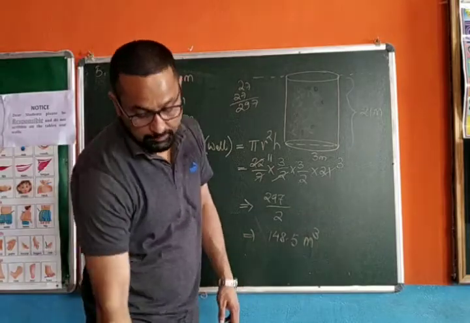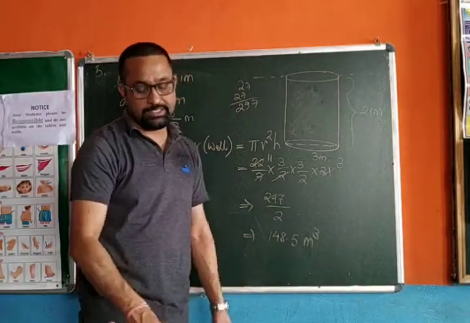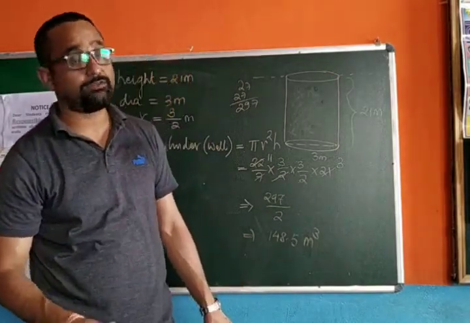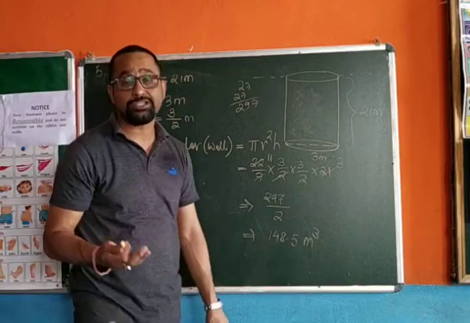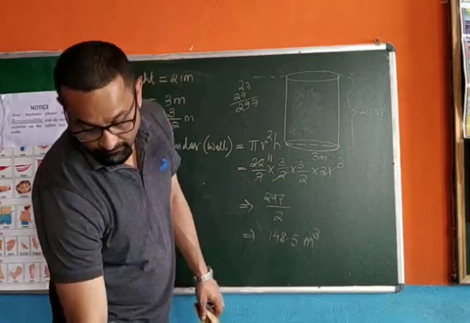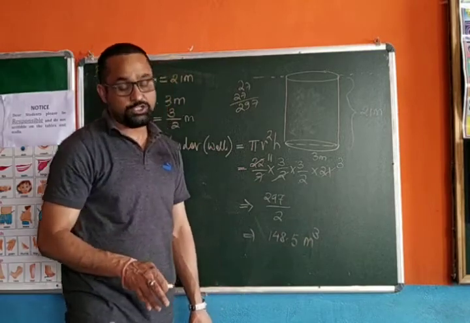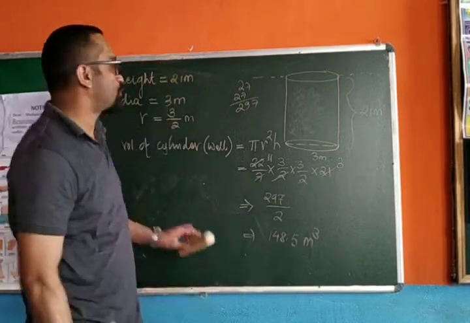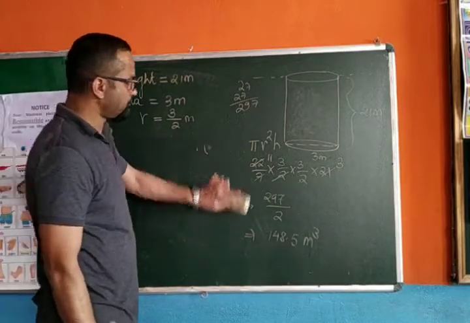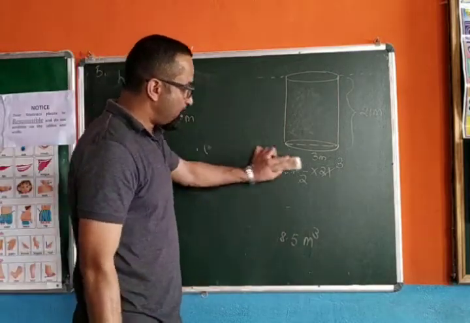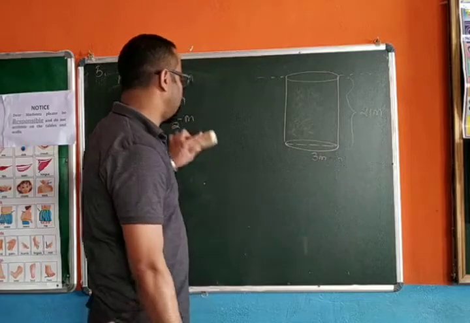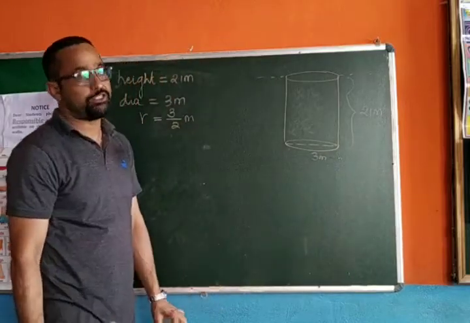The question has a second part. It says that if the inner curved surface of the well is to be plastered at the rate of 50 per meter square, find the cost of plastering. You need to understand which portion of the well is plastered.